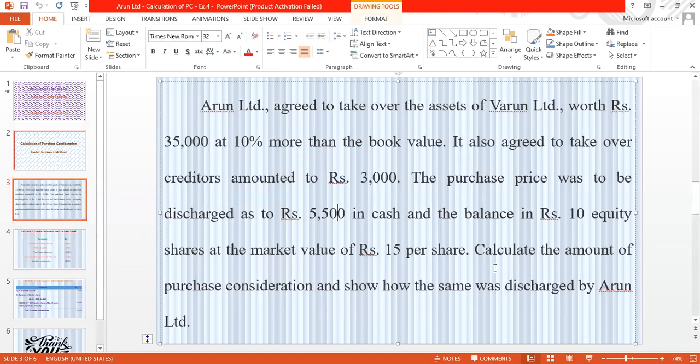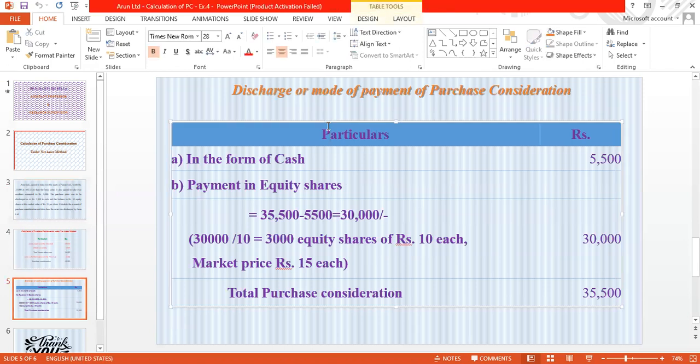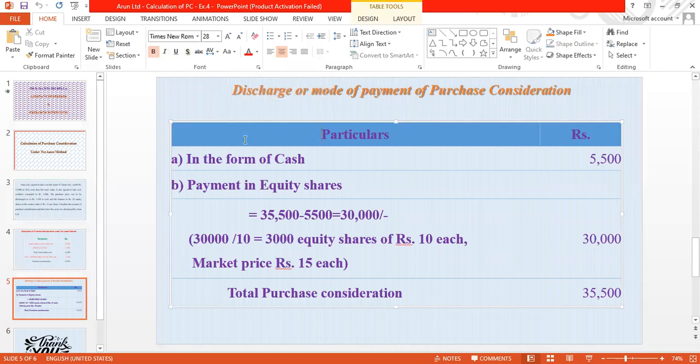Again, go back to the question. Here, what they ask us is to calculate the purchase consideration and how the same was discharged. Discharged means the payment, how they are giving the payment. So we can write the heading here, discharge or mode of payment of purchase consideration. We put two columns, particulars and amount.